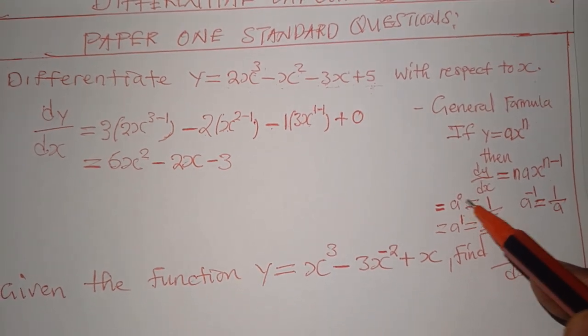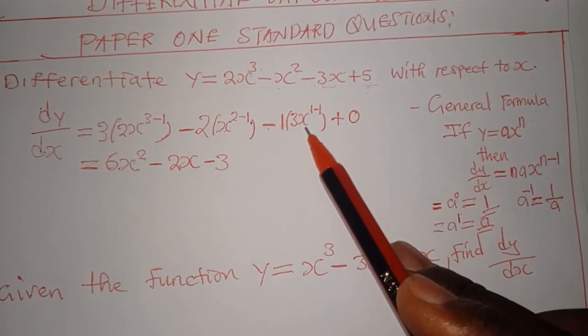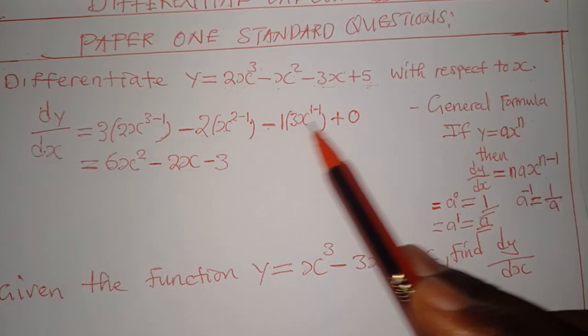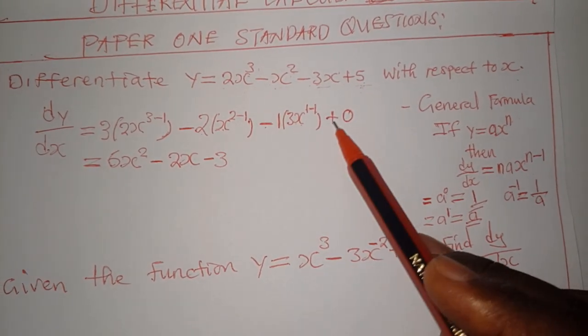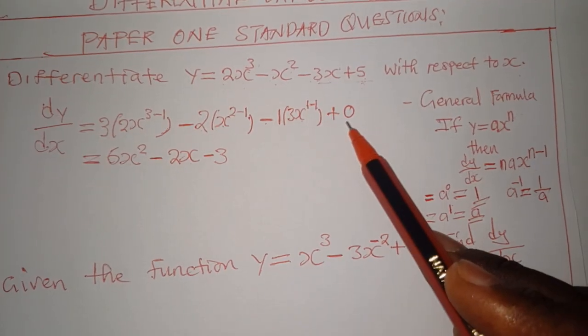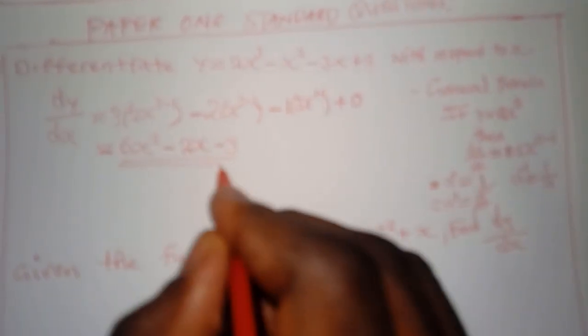Any positive integer to the power 0 is equal to 1. Meaning where there is x here, we remain with 1. That 1 times 3 will give us 3. Then we say plus 0, but when you say plus 0, it's as good as having nothing. So your answer ends here.